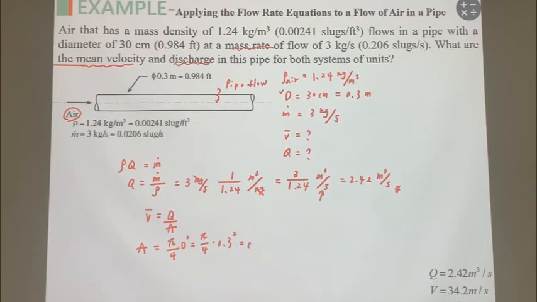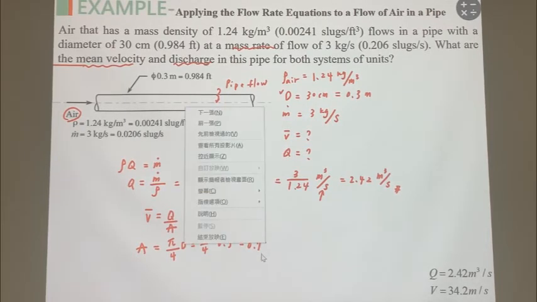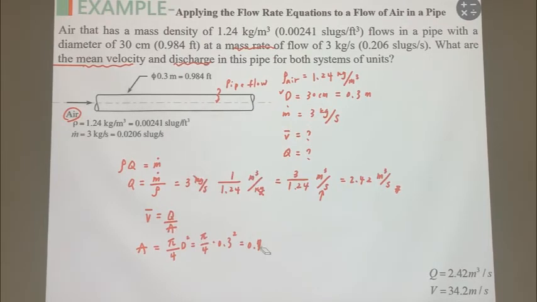So it's around 0.7. Oh, sorry, 0.0706 meters squared.